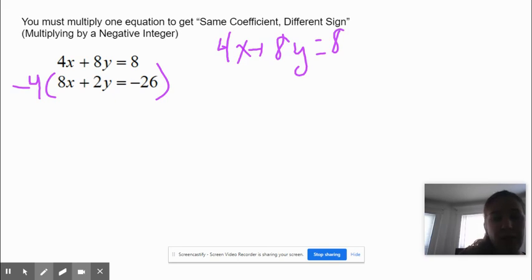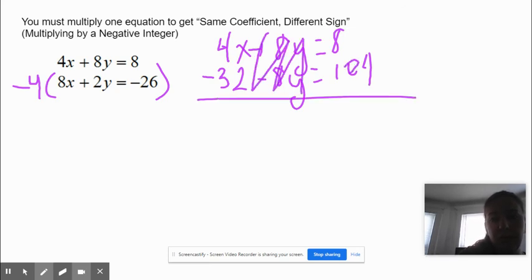So -4 times 8x is -32x. -4 times 2. And then 26 times 4, I'm pretty sure is 104, but let's just check. It'll be 104. Cancel, cancel, cancel.